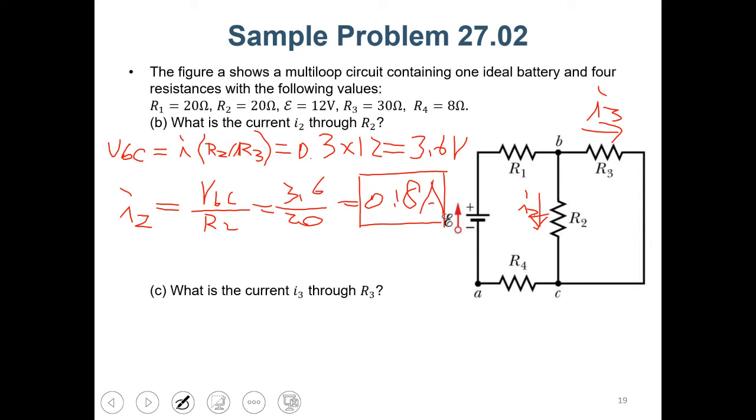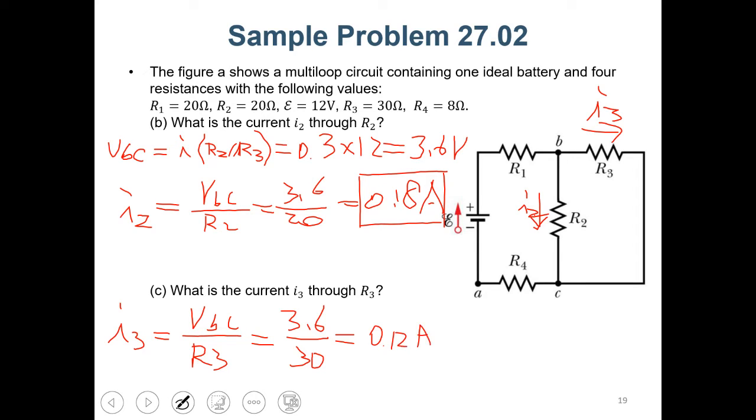And for part C, what is the current I3? So I3 is nothing but VBC over R3. So it is 3.6 over 30, which is 0.12 A.